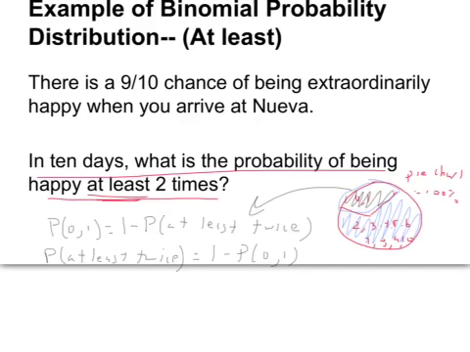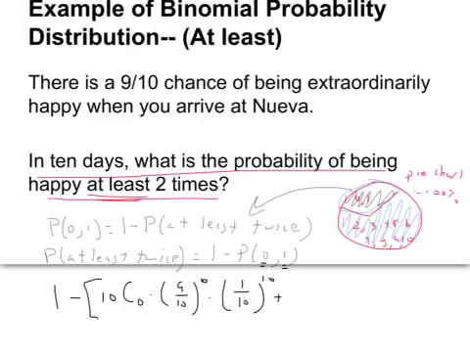Well, so 1 minus the probability of being happy 0 times. Well, there are 10 times, and I'm choosing 0 times to be happy. And the probability of being happy is 9/10, and I'm happy 0 times. And then the probability of me being sad is 1/10, and I'm sad 10 times. And then we also want to add up the probability of being happy only once.